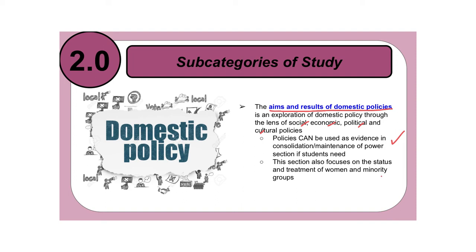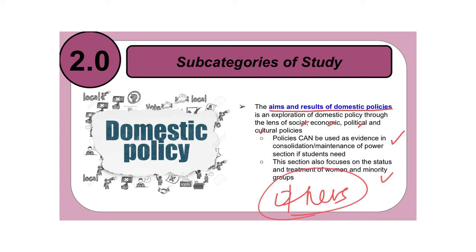This section also focuses on the status and treatment of women and minority groups. So when we get to this particular category, there will be time spent on how the Nazi regime impacted women specifically, and then how they impacted minority groups, and not just Jewish minority groups, but other minority groups within Germany. You will do the same thing with the other leader that you choose to compare Adolf Hitler to.